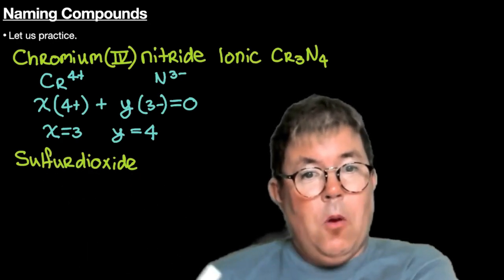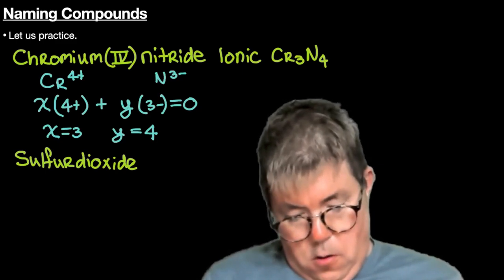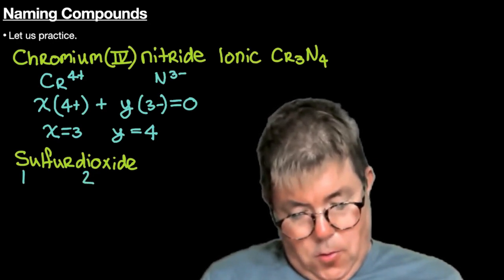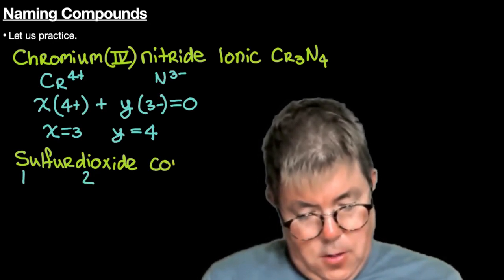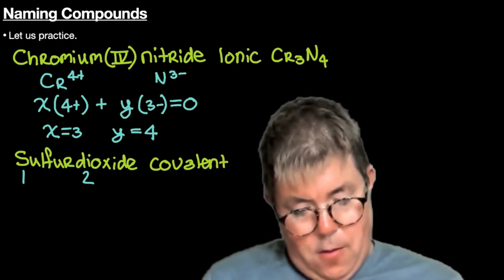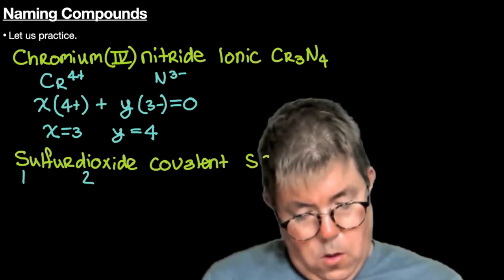So there is 1 sulfur and there are 2 oxygens. So this is covalent. And we have SO2.